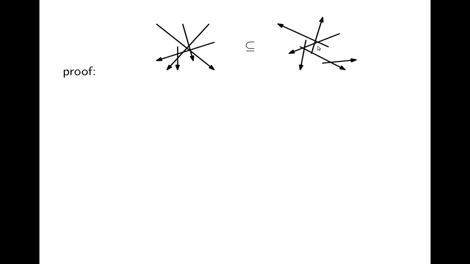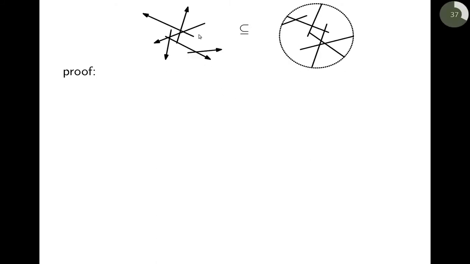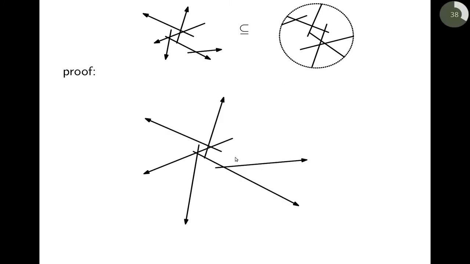Downward rays are a subclass of rays. Well, this is easy by definition because this is in particular a representation by rays. These are special rays, right? So this is easy as well. Rays are a subset of outer segments. Let's say I have a ray representation of a graph.